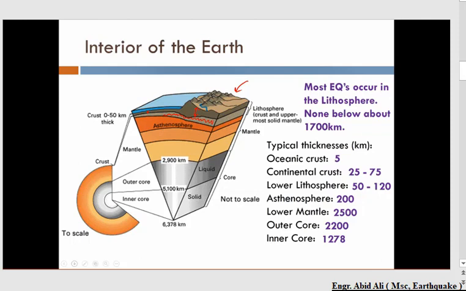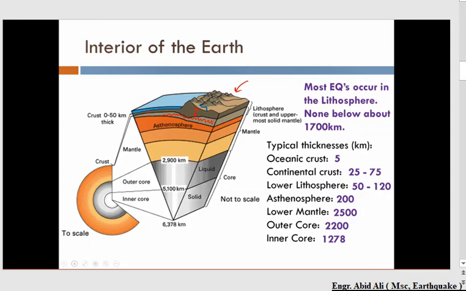Below the lithosphere is the asthenosphere, which is around 200 kilometers thick, and then below that the lower mantle is 2500 kilometers thick.